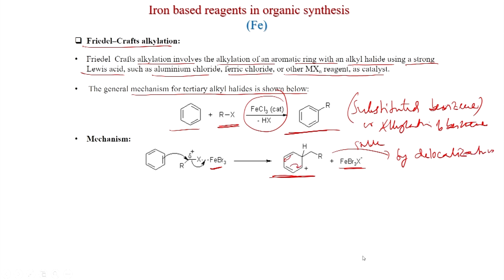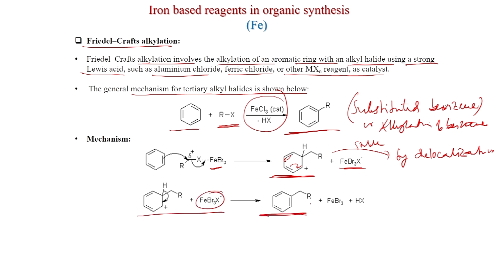So, this is quite stable and different resonating structures can be drawn for this. And after that FeBr3X minus can take up this proton and the aromatization will happen and you get this product plus FeBr3 and HX. So, HX is the byproduct and FeBr3 is actually the catalyst.